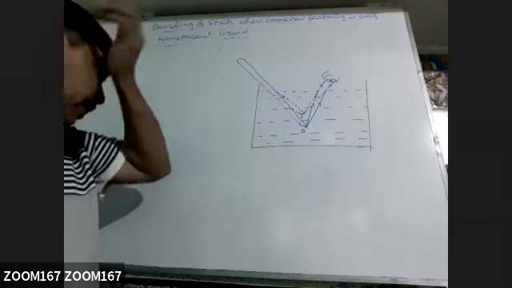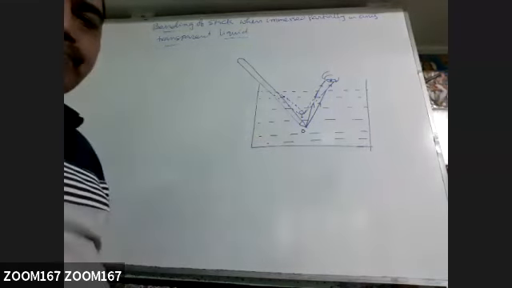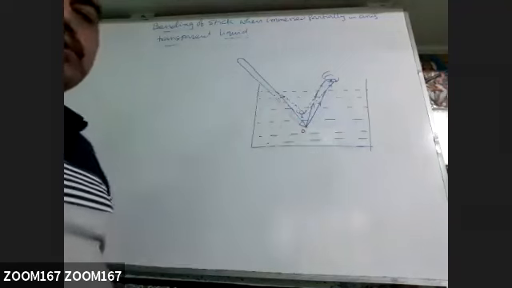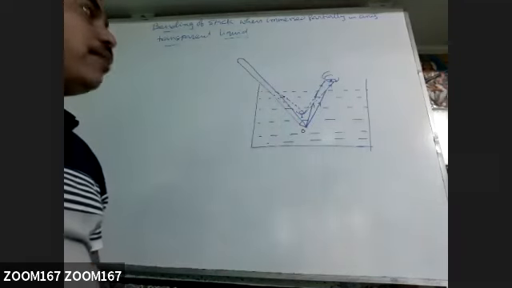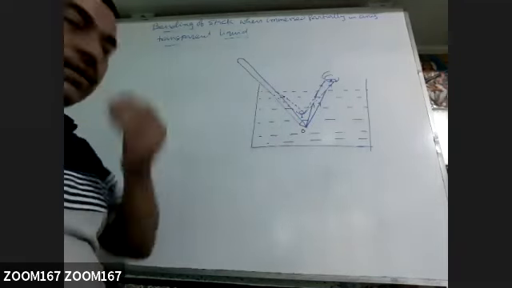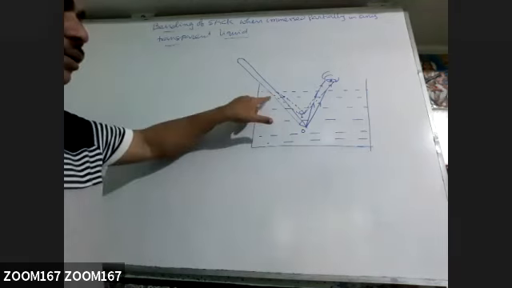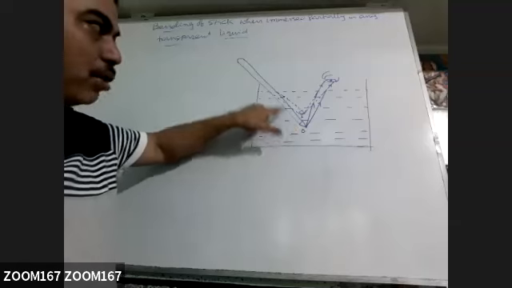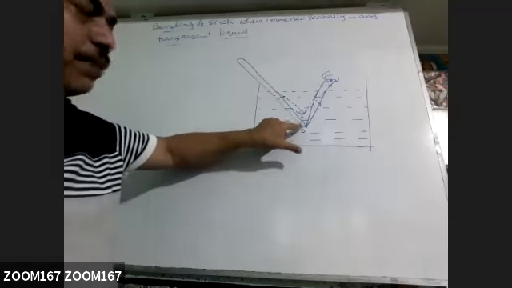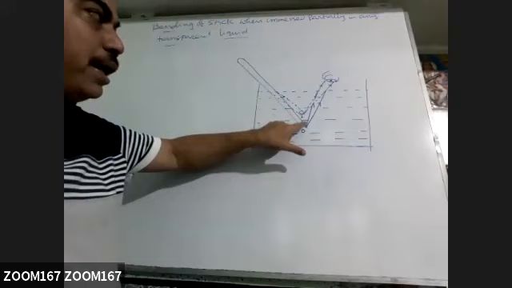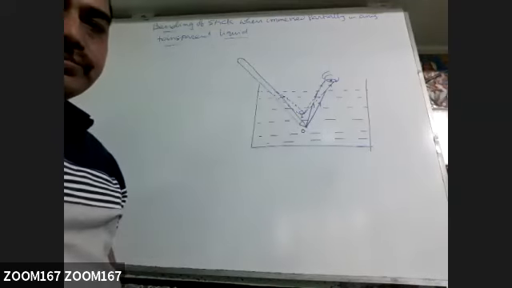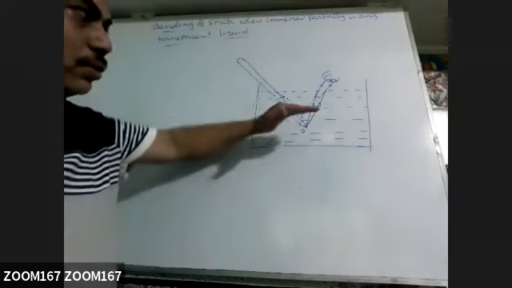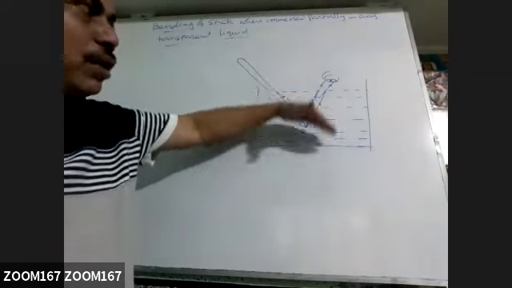So, the ray diagram, if it is asked like this, you will draw the ray diagram. If you are simply asked the reason why the pencil appears bent, then what will you write? The rays of light coming out from the immersed part, that is from this part, will bend away from the normal while going from water to air.